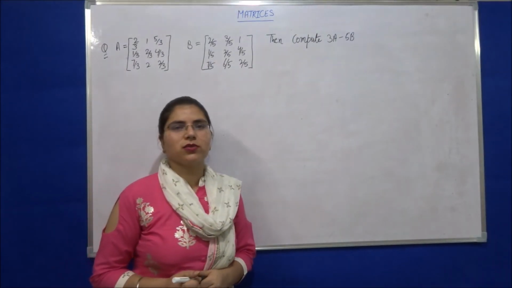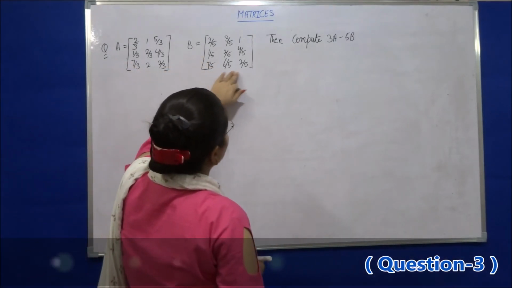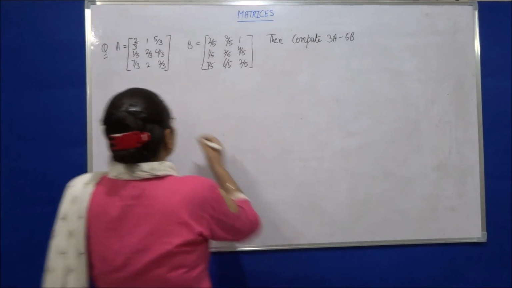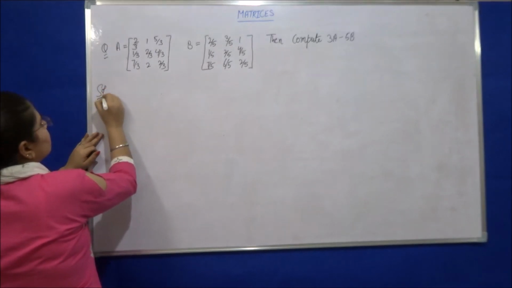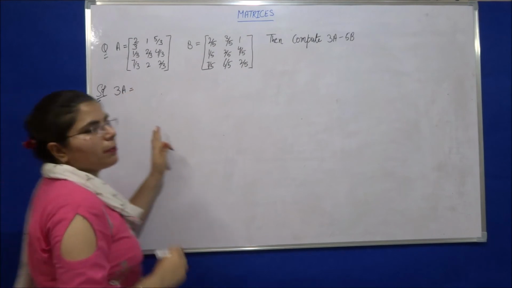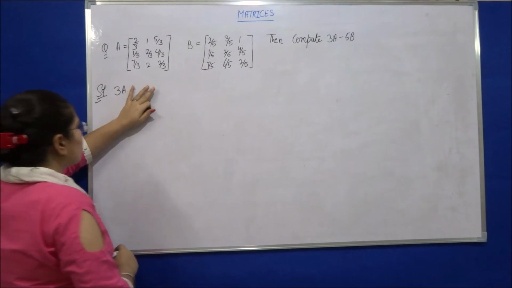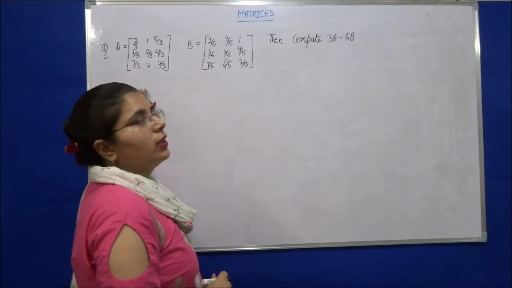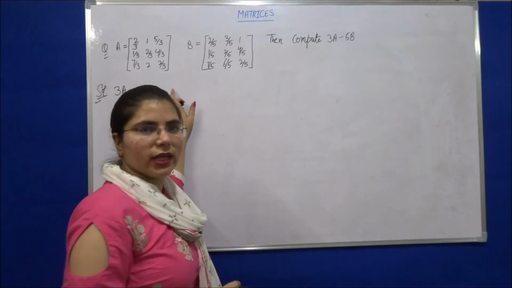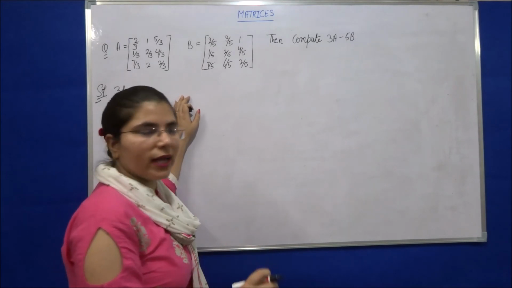Now let's do next question. Here A matrix is given to us, matrix B is given to us, and we have to compute 3A minus 5B. So first of all, we will apply the scalar multiplication operation, in which if K is any scalar, then Ka, that is K multiplied by matrix A, equals to multiply K with each element of that matrix.